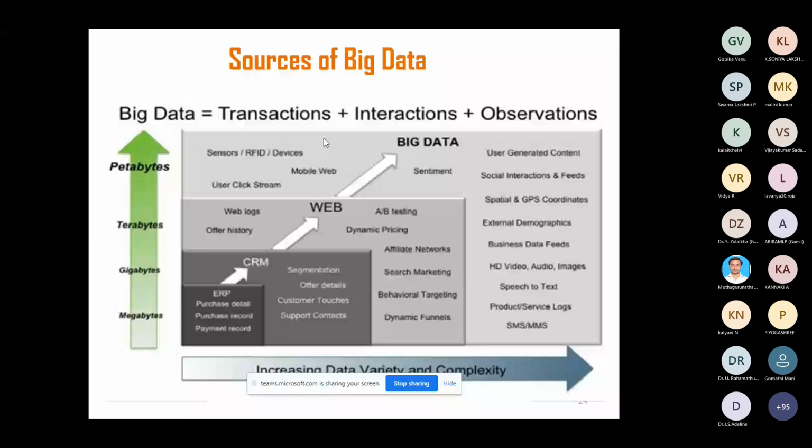And of course, when you consider web data in terms of web logs or marketing trends or the dynamic nature of information being maintained, or pricing being done dynamically, all these sources of information are generated through various web sources.